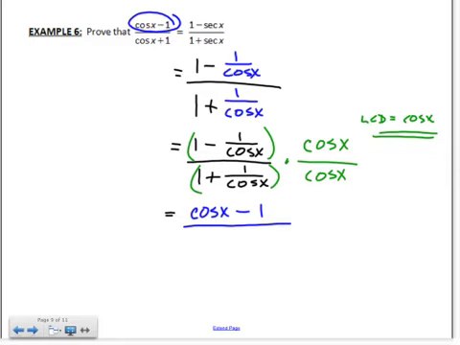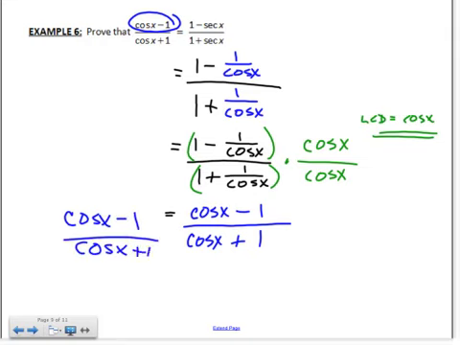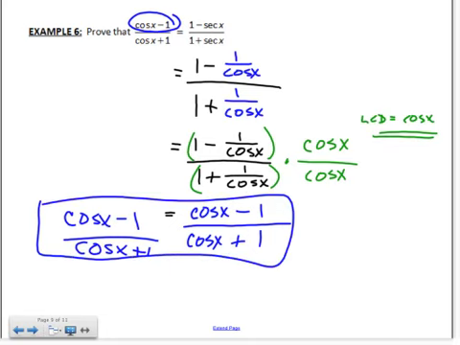We get cosine x times 1, which is cosine of x, and then cosine of x times positive 1 over cosine x, which is plus 1. And look, we have the left-hand side equal to the right-hand side. Yay! So we're done.